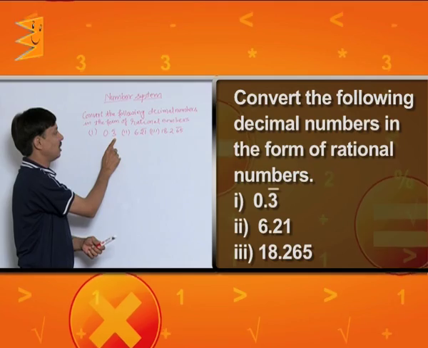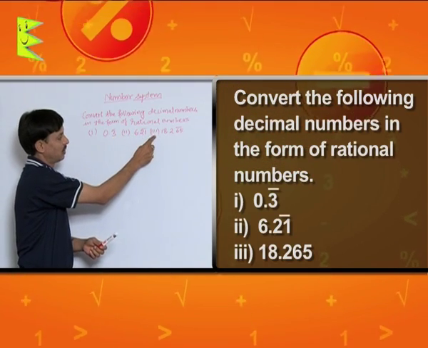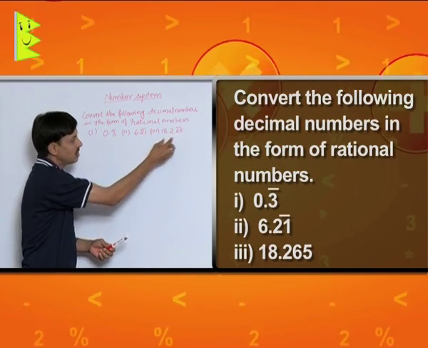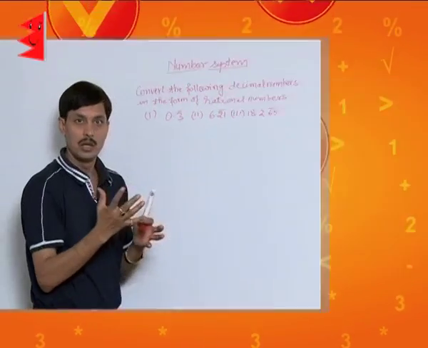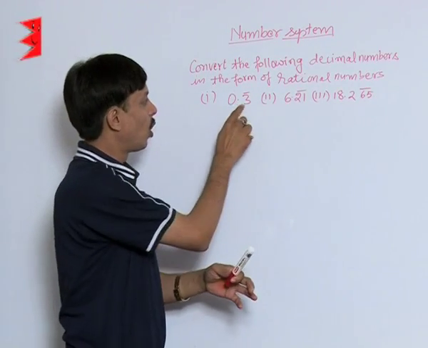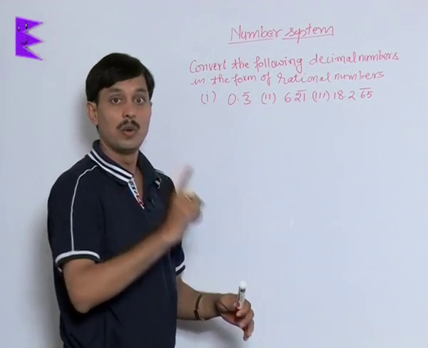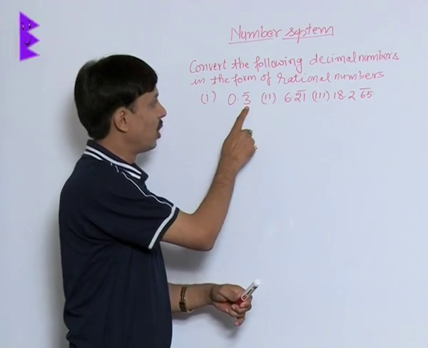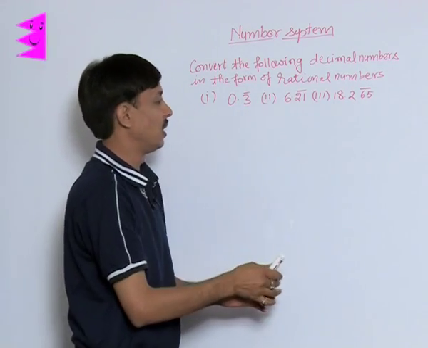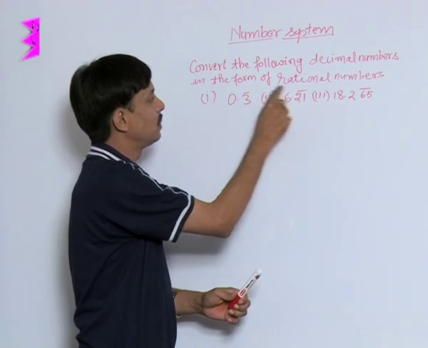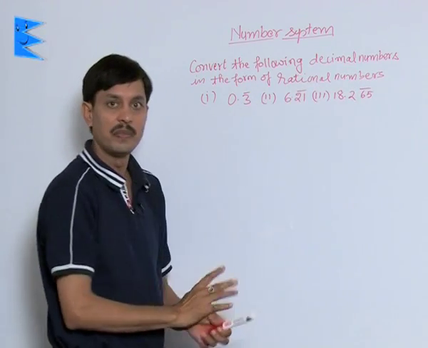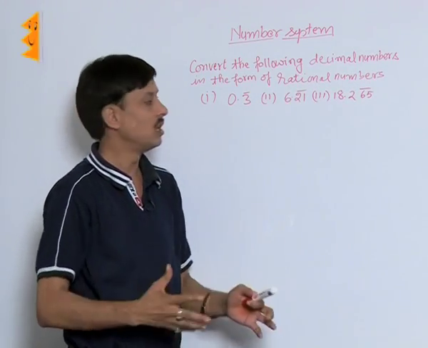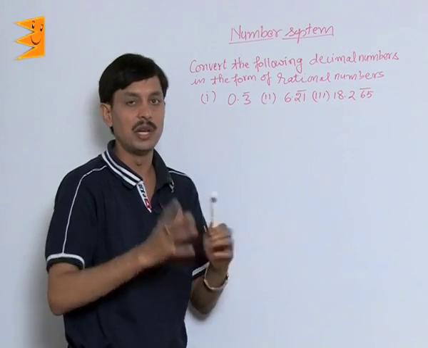First is 0.3 bar, second 6.21 bar, third 18.265 bar. These are all such numbers where non-termination is indicated, because if a bar is put on any number, it shows it is a non-terminating repeating number.